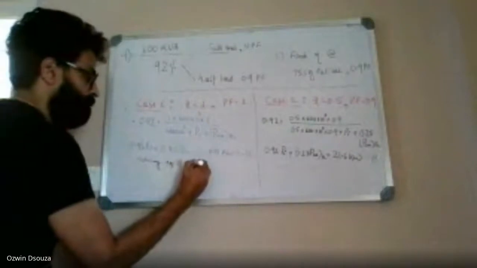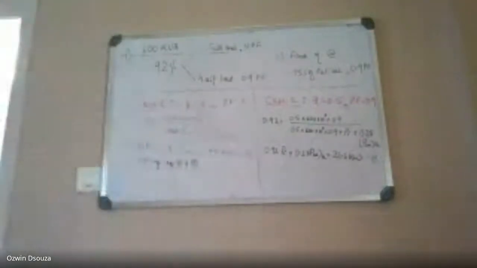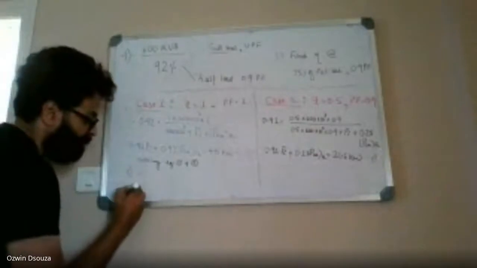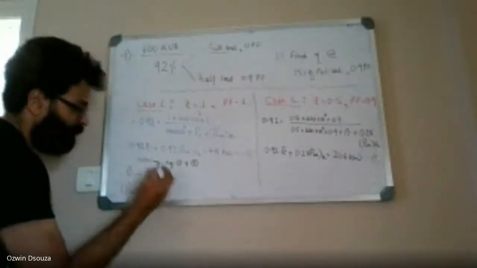So solving equations 1 and 2 gives iron loss and full load copper loss.